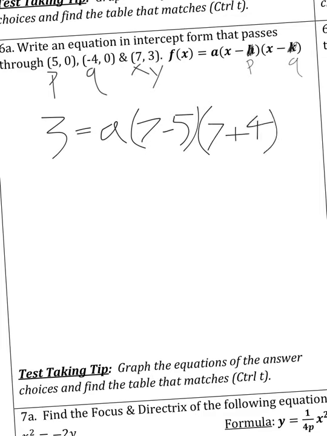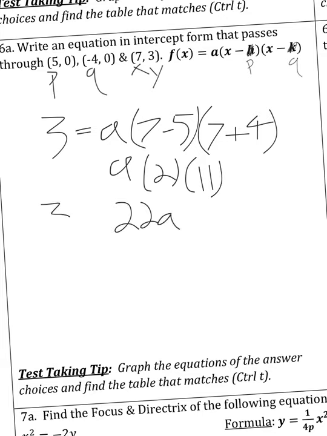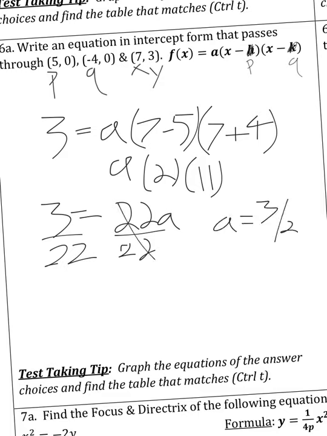All right, so we just need to get these two numbers. This is a times 2 times 11, so that makes 22. So it says 3 equals 22a. So divide by 22, and you get a equals 3 over 22.